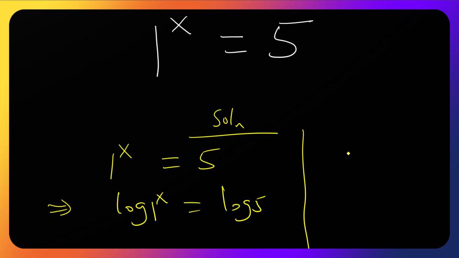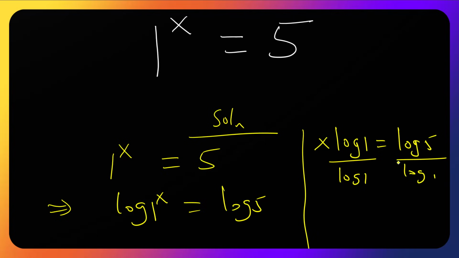So this one is a power rule, that will be x log 1 equals log 5. From here, we divide both sides by log 1, so this one will go.